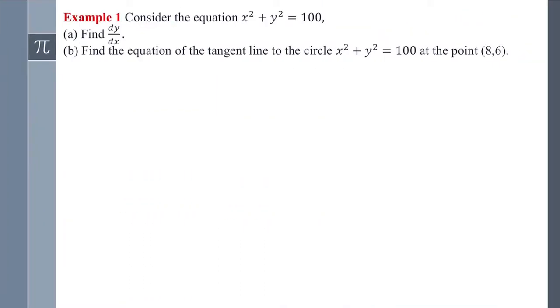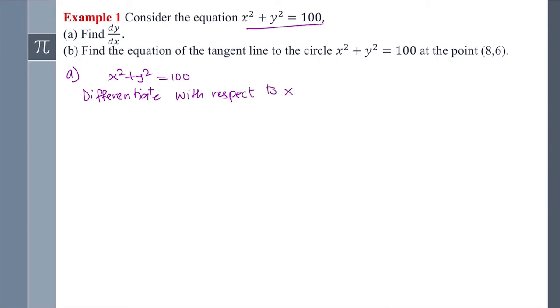So now here's the first example. We want to find the derivative dy over dx for this given equation, okay? Let's do part A. We'll take that equation, x squared plus y squared equals 100, and then we'll differentiate it with respect to x, because we are finding the derivative with respect to x, okay?